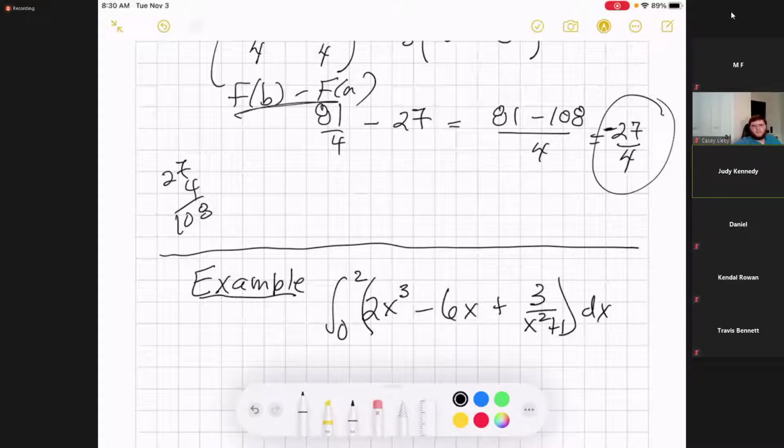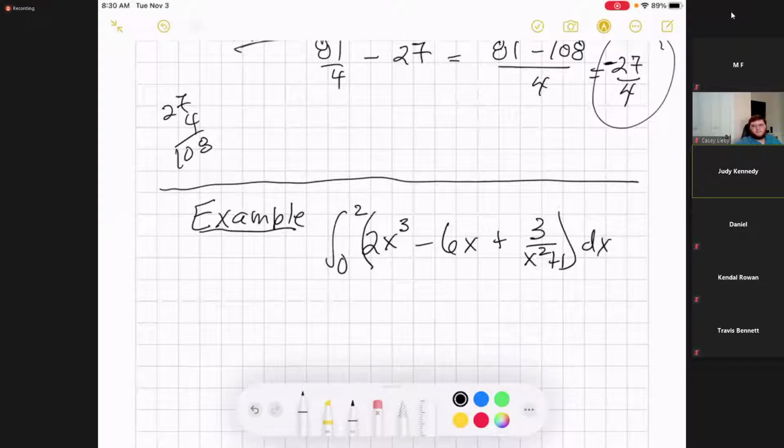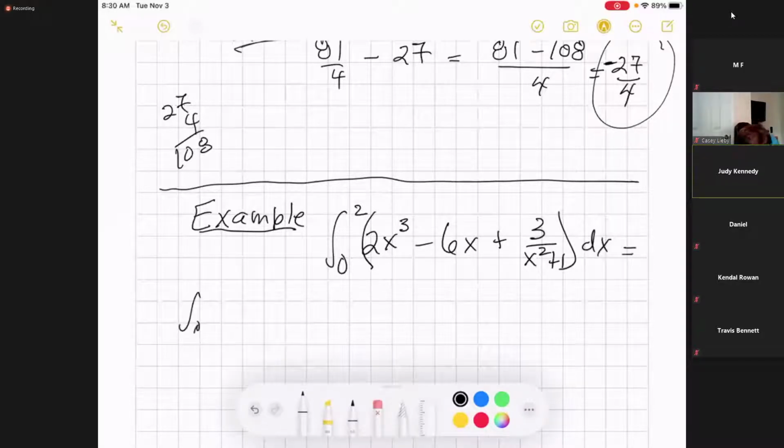I have the sum of 3 functions here inside the integral. So I'm going to break it up into the sum of 3 integrals. I am allowed to do that.